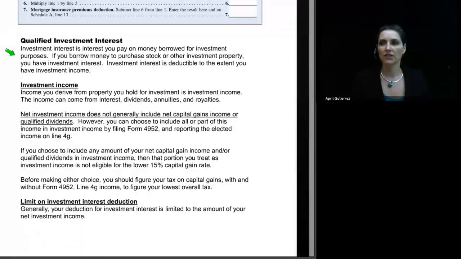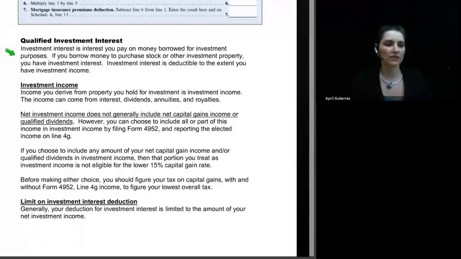Essentially, margin interest is you have a margin account, you borrow against that account to purchase investments, and then you might pay that account off again later when you sell that investment. And the margin interest is a form of investment interest.